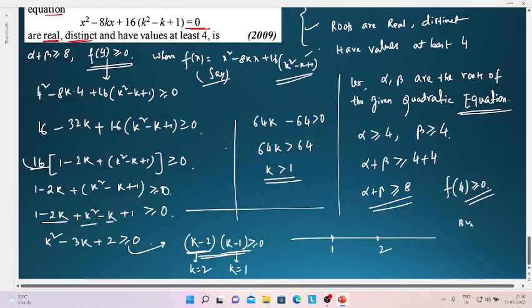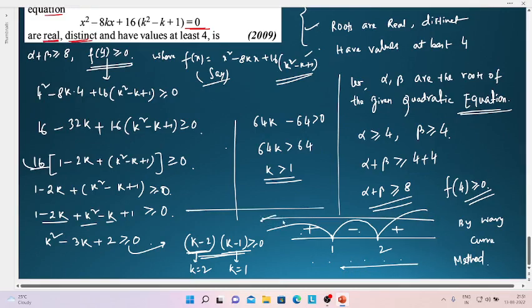So by the wavy curve method, the right part of 2 will be positive, the middle part will be negative, and the left part will be again positive. You have to start from the right side and go to the left side, alternating the signs.